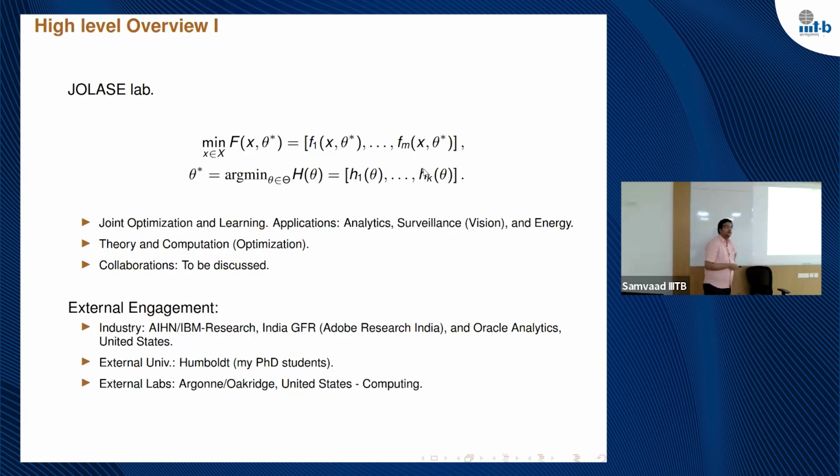We'll focus a little on the applications, the modeling aspect, and then a little on the theoretical aspects of the algorithms that we are trying to propose. I'll also hint some thoughts for future work.